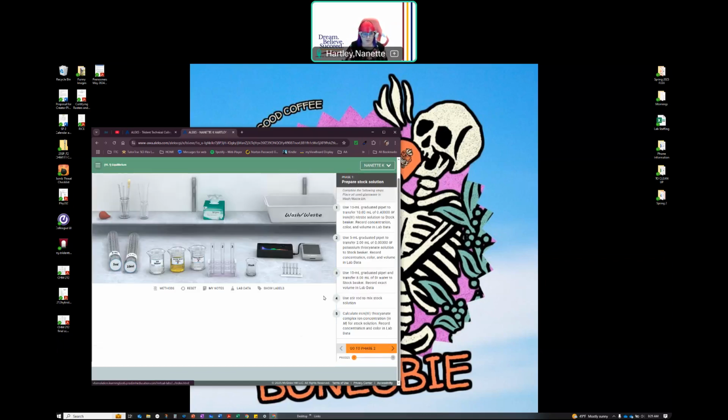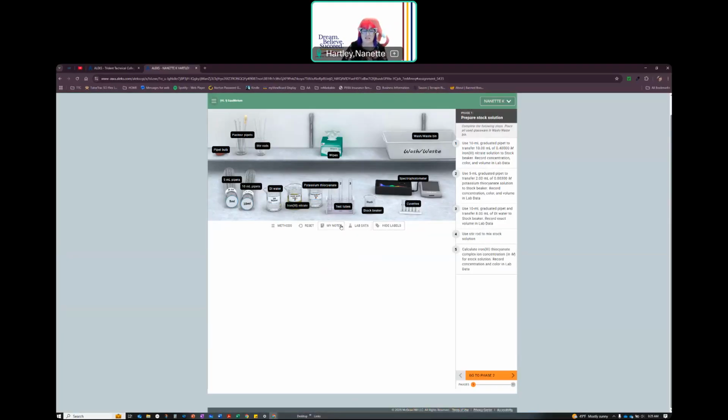So this is our setup, and of course we've got a whole bunch of stuff here. I can use the show labels to show me exactly what all of these things are. I use that a lot because I'm kind of blind and I can't always see things.